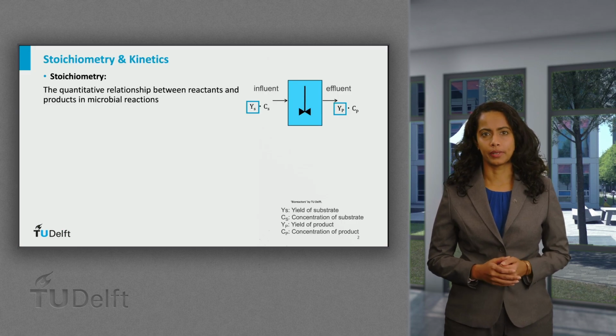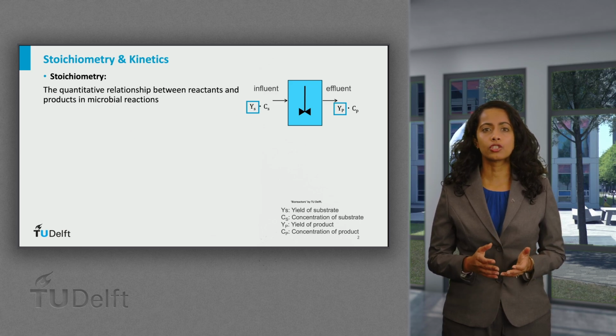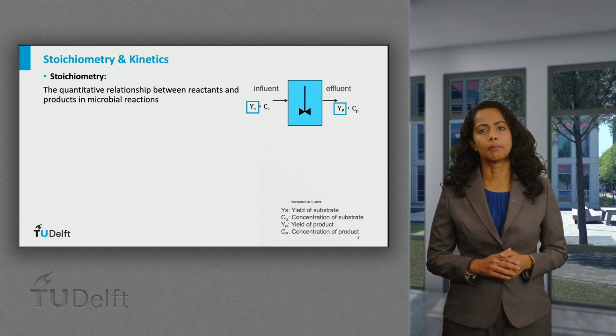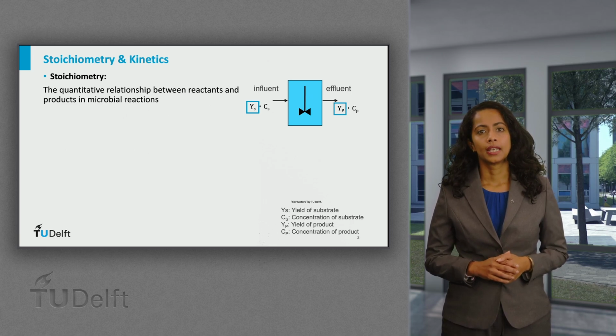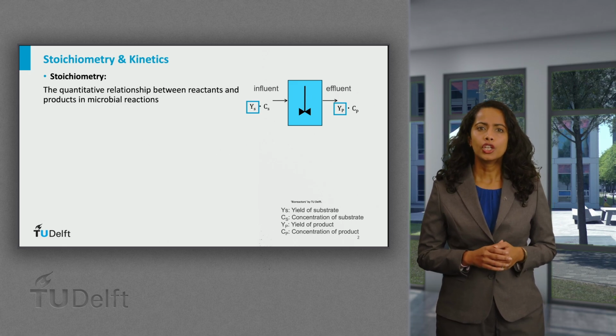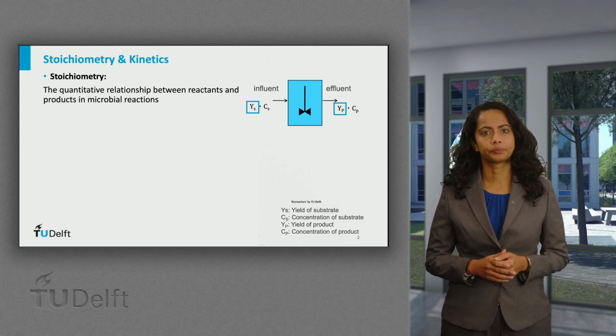Let's begin with stoichiometry. Stoichiometry describes the quantitative relationship between the reactants and products in a microbial reaction. In the bioreactor image on the slide, you can see that an influent containing compound S at concentration C, noted here as CS, enters the reactor.